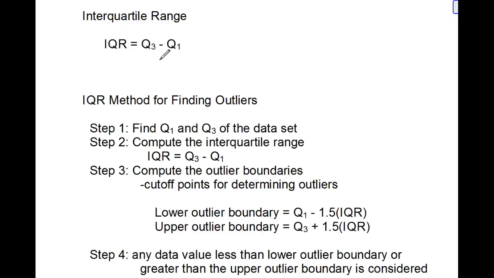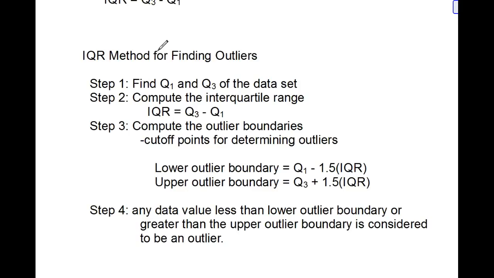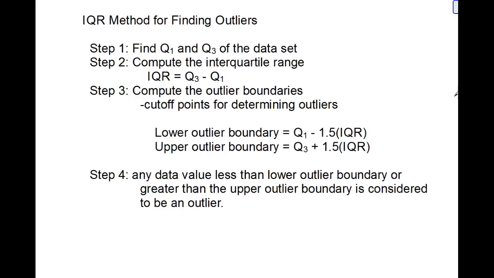We use this inside other formulas to find outliers. And what we do is we use this interquartile range method to find outliers. So to find our outliers, we compute our Q1 and Q3, and then we compute our IQR. We subtract those two numbers.